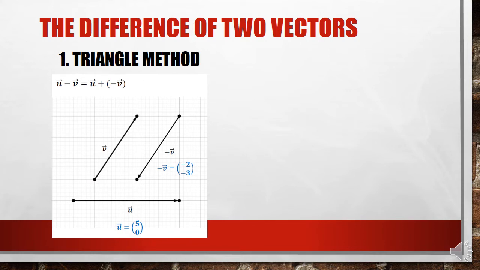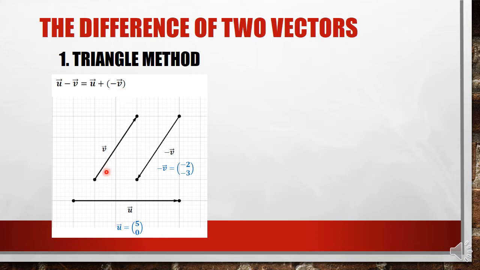Okay, the difference of two vectors, or vector subtraction. How to subtract vectors? Subtracting a vector is the same as adding it with a negative vector, like this one. Let's just say that I want to subtract vector v from vector u. It's the same like adding vector u with negative vector v.